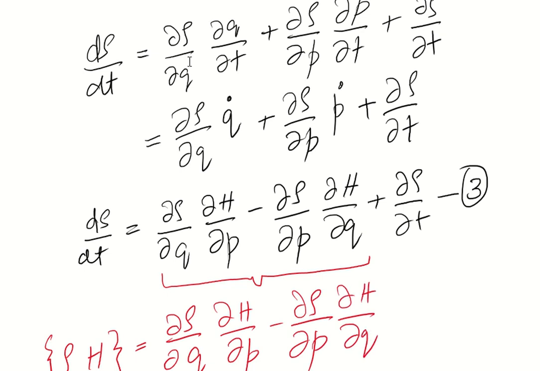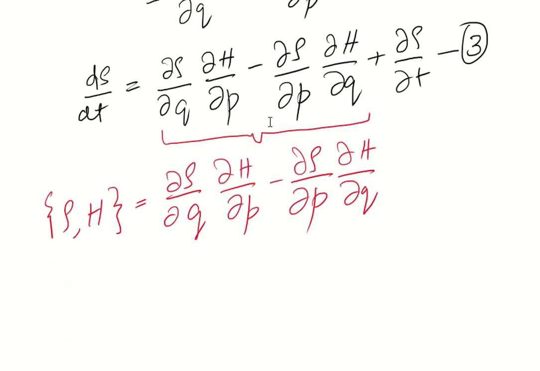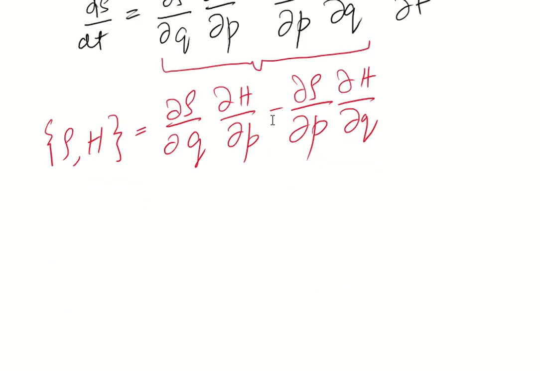So we replace this inside equation 3, and we get d rho over dt equals the Poisson bracket of rho and H plus partial rho over partial t. We call this our equation 4.